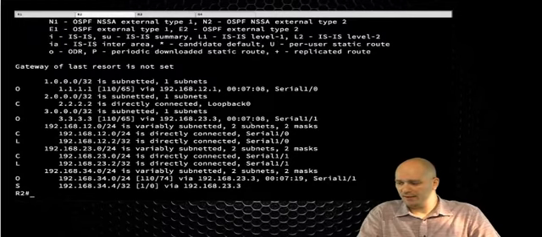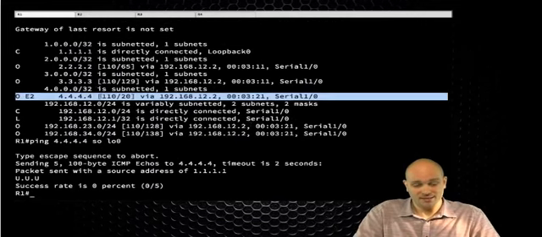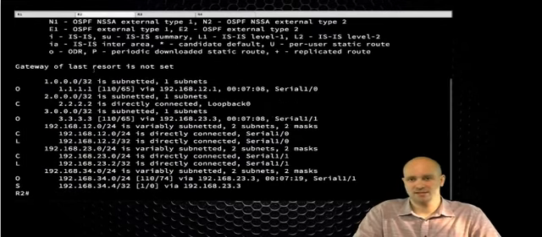Now, one thing that I noticed there is a comment that says LSA is propagated to R1, R2 is filtering the route from its own routing table. Very, very good. So LSA has made it all the way to R1, and here it is in the routing table of R1. But what could be preventing this LSA from going into the routing table of R2?